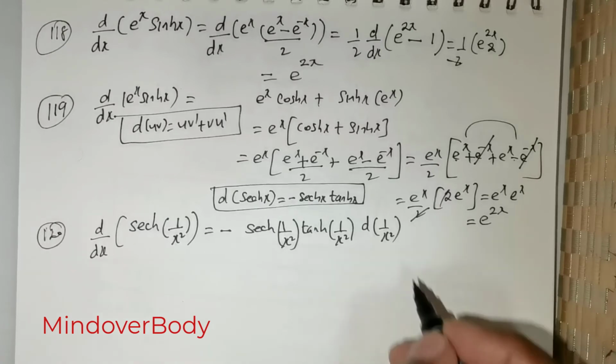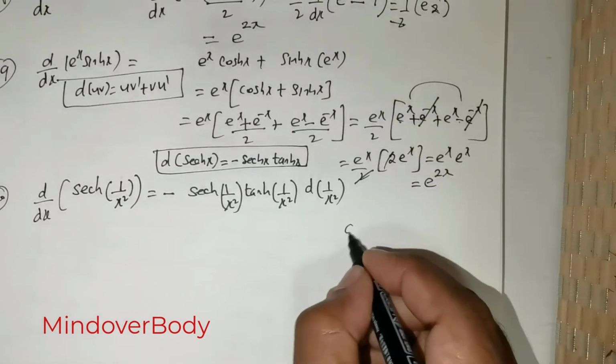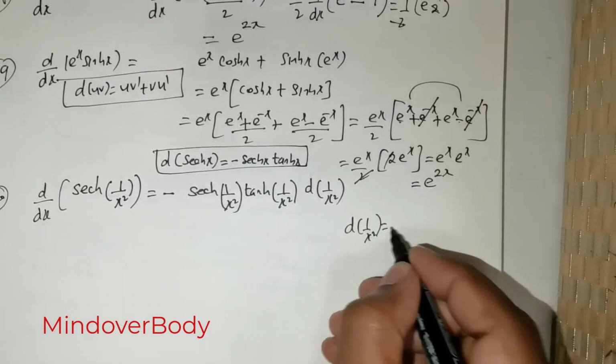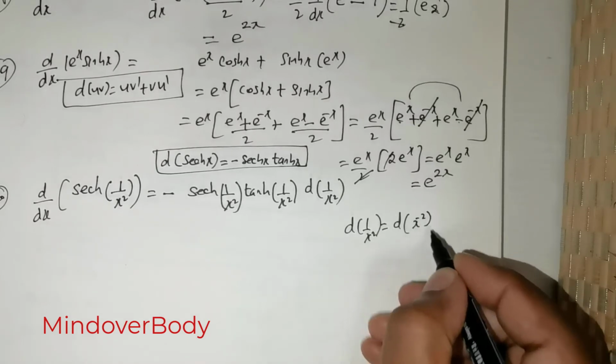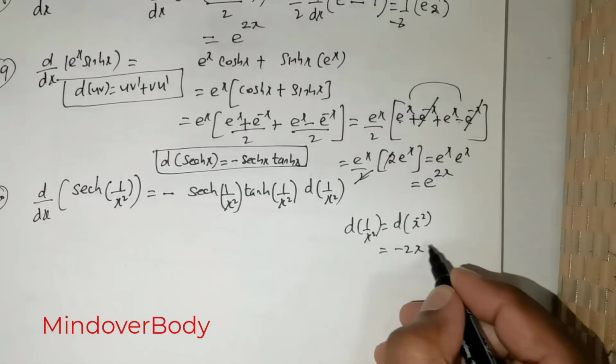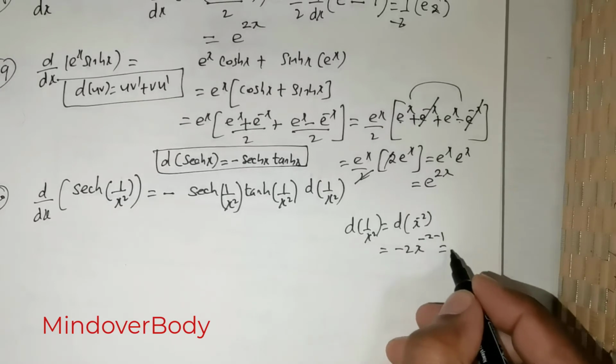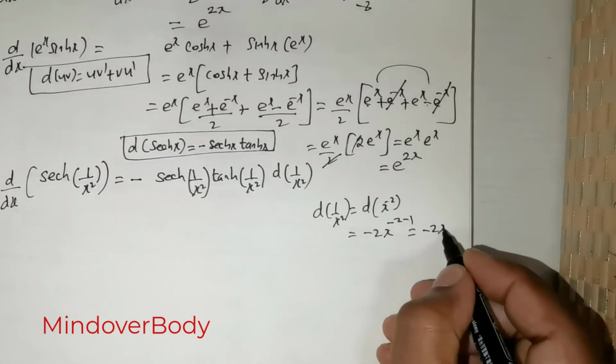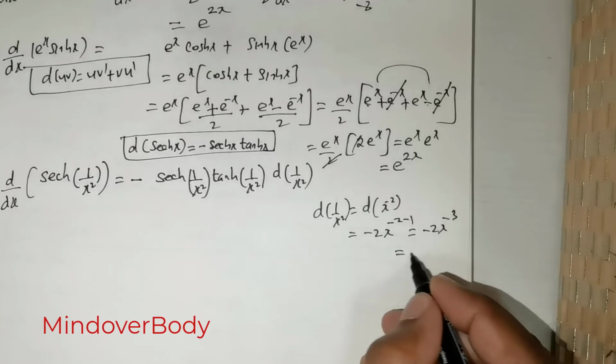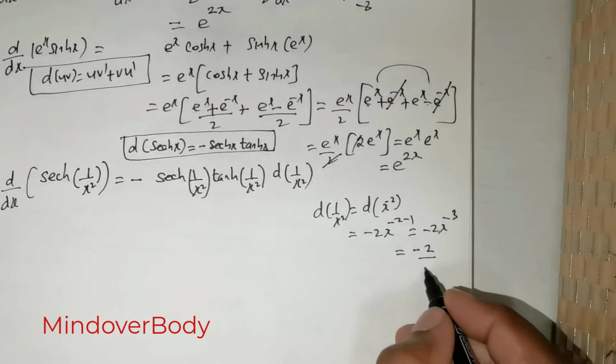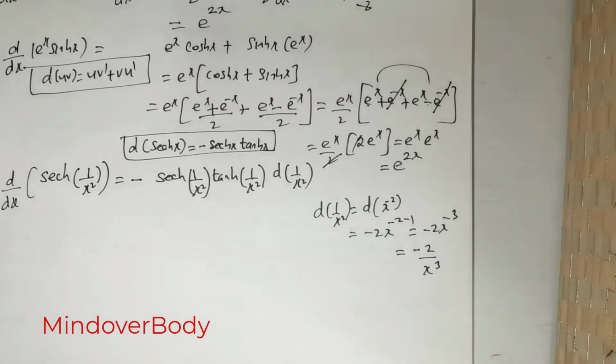So how do we get the differentiation of 1 over x squared? This is nothing but d of x power minus 2, which is negative 2 times x raised to the power of negative 2 minus 1, which is negative 2 x raised to the power of negative 3, which can be rewritten as negative 2 over x to the power of 3, right?